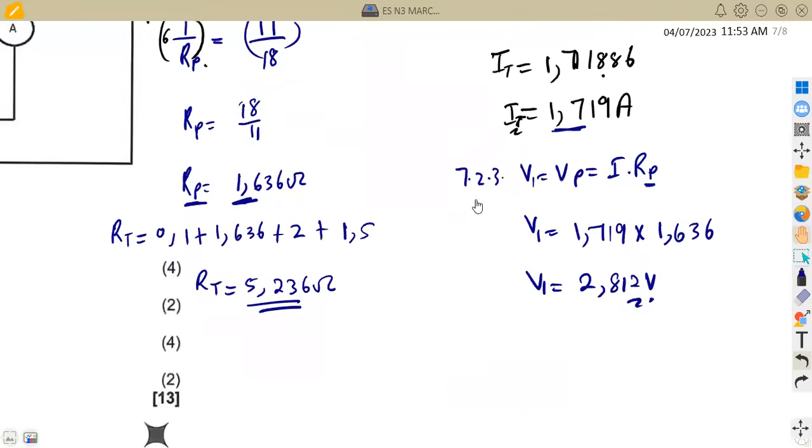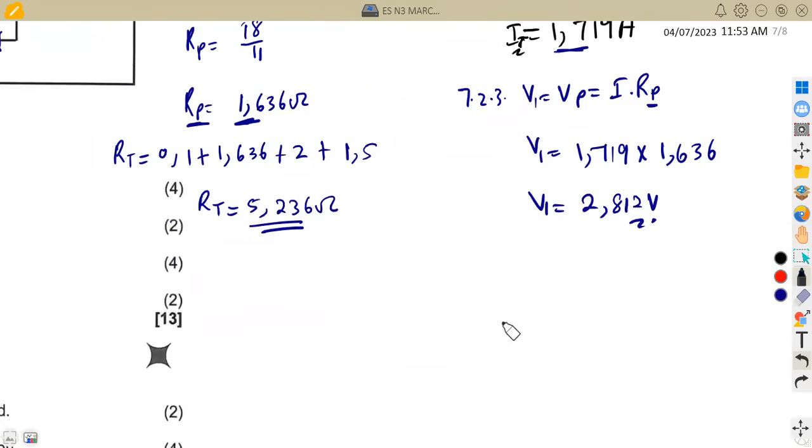So this is what you're going to have on 7.24. Our current across the 3 ohm resistor is going to be the voltage across the parallel circuit, which is our VP, which is V1, over R3. So it was 2,812 divided by the 3 ohm resistor, which is 3.